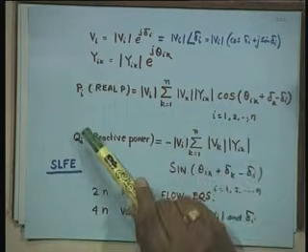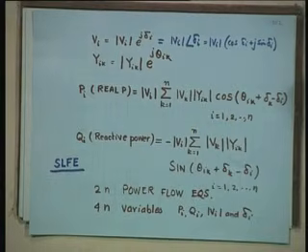Now, we can express any phasor in several ways. This you must have done throughout your B.Tech or BSc engineering career a million times. So, here I have expressed the phasor V_i, that is the voltage at the ith bus, in 3 different ways. This is an exponential form, this is a polar form, and this is a rectangular form.